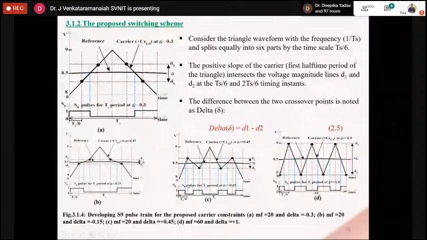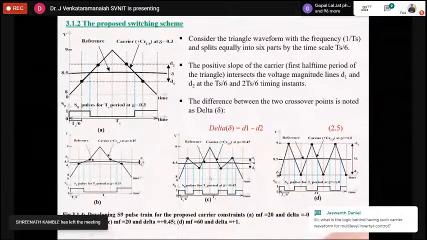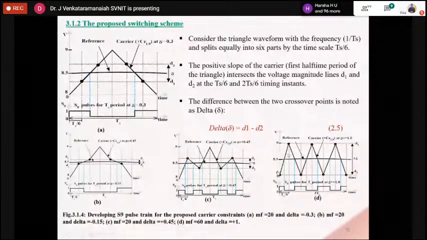Now we see the value specified: delta is minus 0.3 for case A, minus 0.15 for case B, plus 0.45 for case C, and delta is 1. When delta is 1, that is a triangular waveform with 3 times the fundamental carrier frequency.